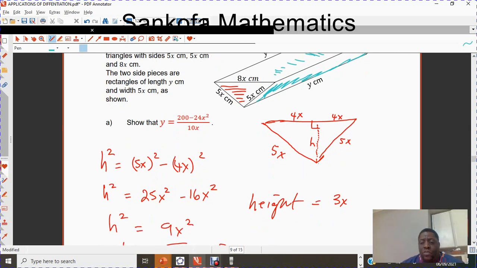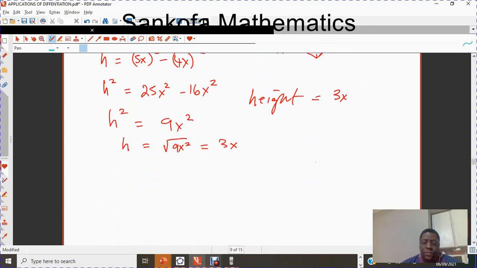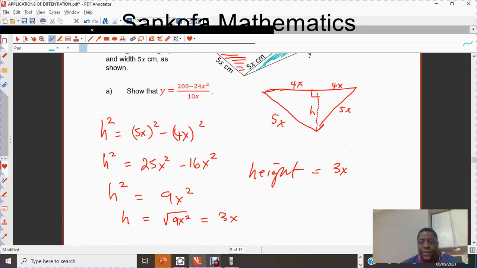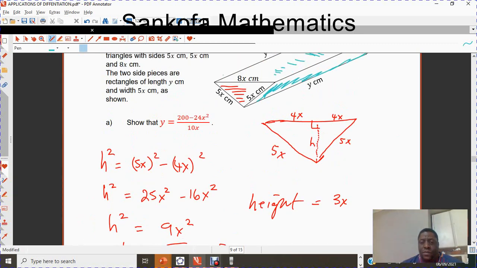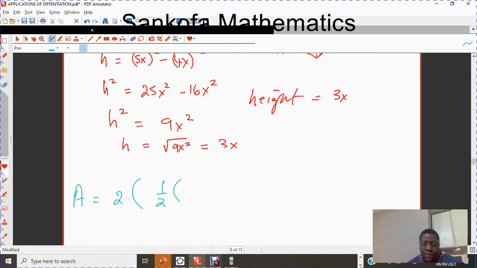So the area of two triangles is a half times the base, and the base you can see is 8x, and the height we already determined is 3x.